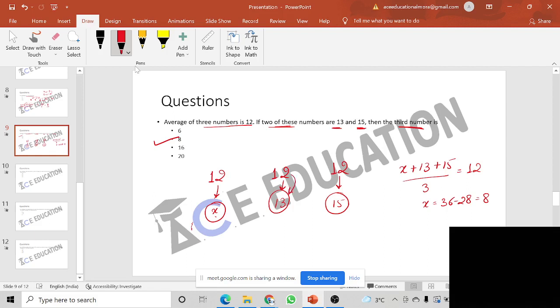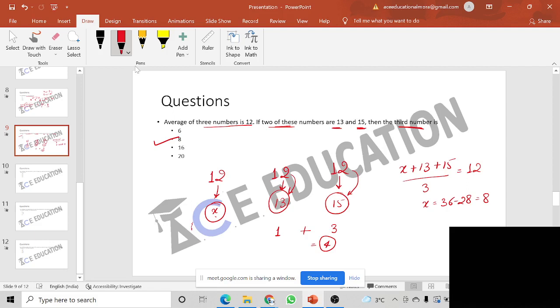So 13 is greater than 12 by 1. Another number is 15, it is greater than the average by 3. So the total surplus, the total extra magnitude of numbers that I have, is 4. Correct? Now the concept says that the total surplus should be equal to the total deficit.